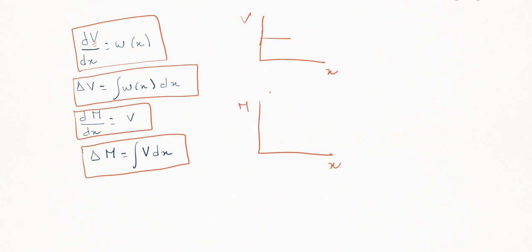Now notice this is a positive value, so it's going to be a straight line with a positive slope. Now if we have something like this, it's going down, it's positive, so it's going to be something like this. And notice if it's actually dropping down to 0, we have the 0 slope over here.